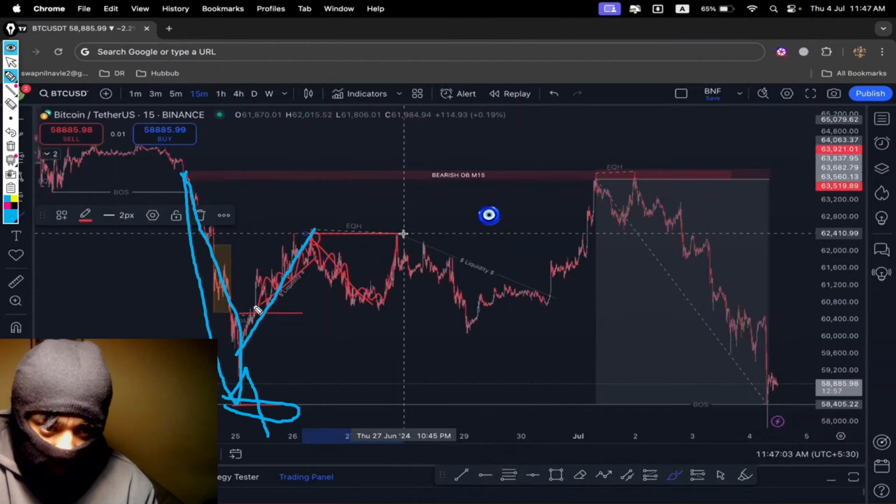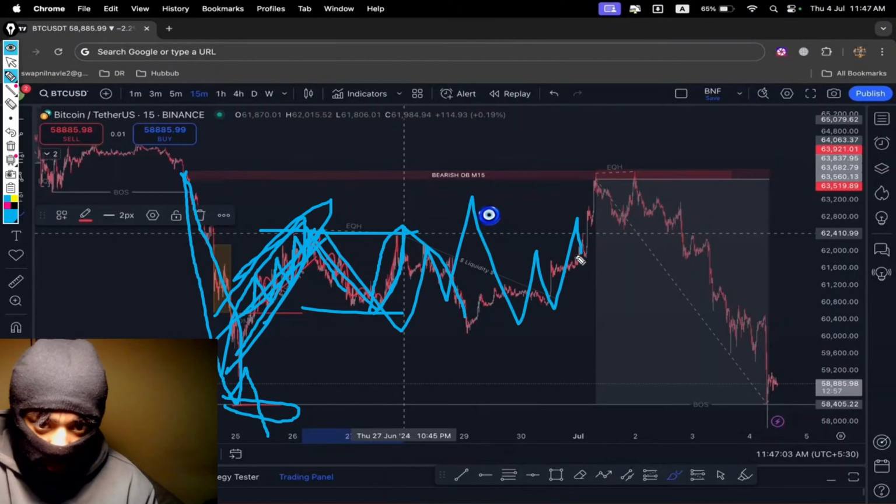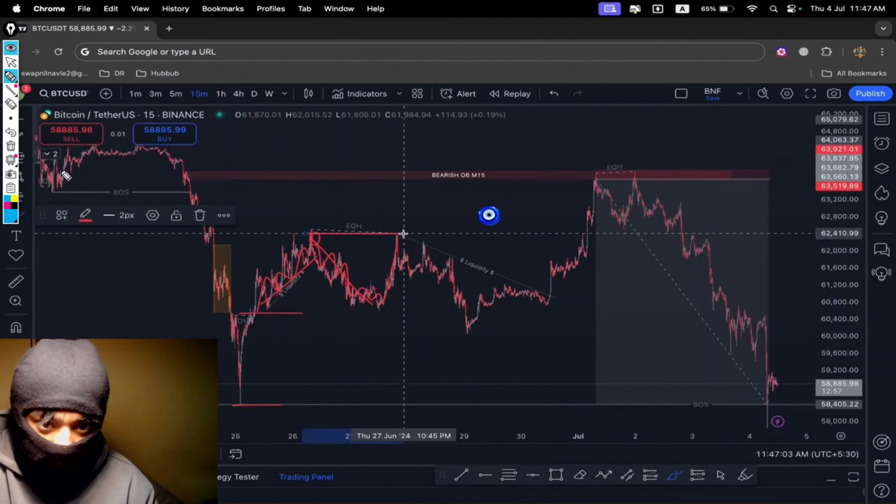It went up, created a higher low trend line, and all the people who were in this trade were taken down, killed. Same with this, all the sellers in a matter of minutes got taken down. Same with the buyers. This is basically a trap zone, where people are getting trapped.